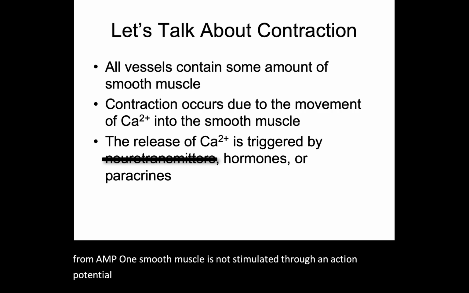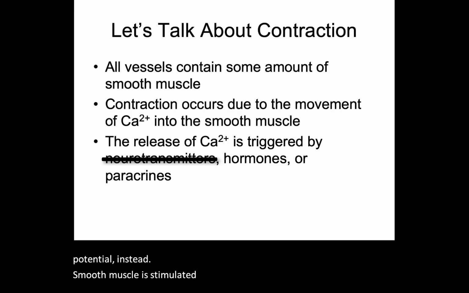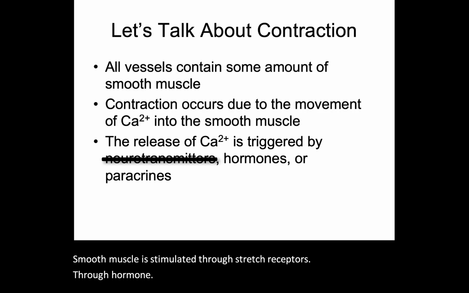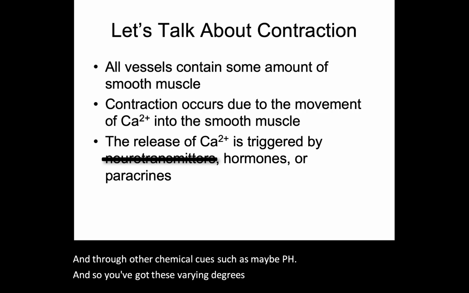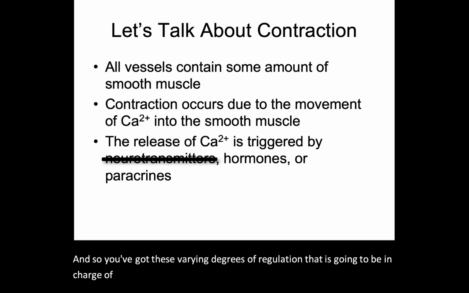Instead, smooth muscle is stimulated through stretch receptors, through hormone activity, and through other chemical cues such as maybe pH. And so you've got these varying degrees of regulation in charge of the oversight of stimulating smooth muscle to contract.